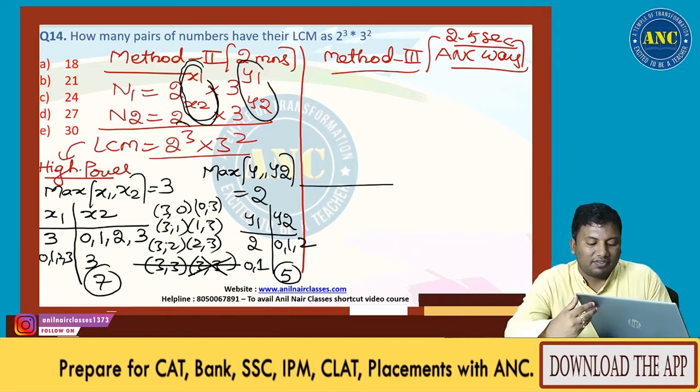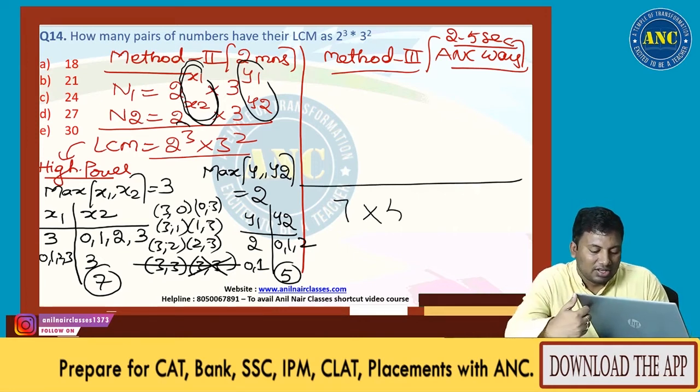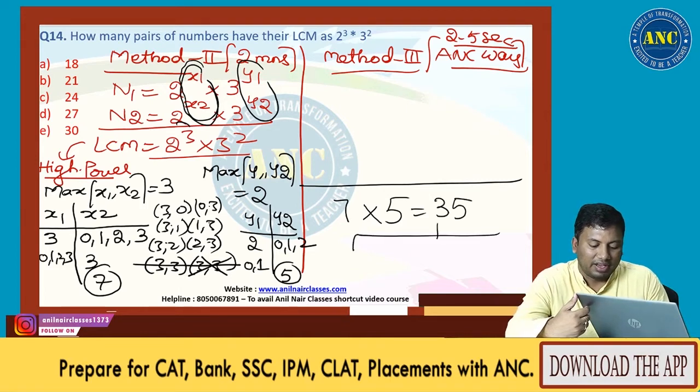By the fundamental principle of multiplication, one event happens after another event, so 7 into 5 is 35. In that, 35 is an ordered pair. I want unordered.